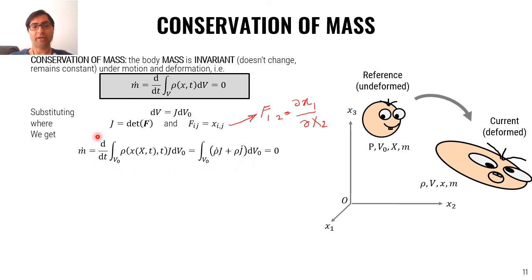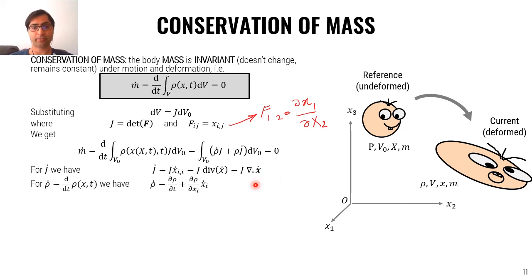and if we take d over dt, we get the integral of (rho dot J plus rho J dot) dV0 equal to 0. For J dot, we can have J x dot_i comma i, basically J times the divergence of x dot, which can be shown by nabla dot x dot.